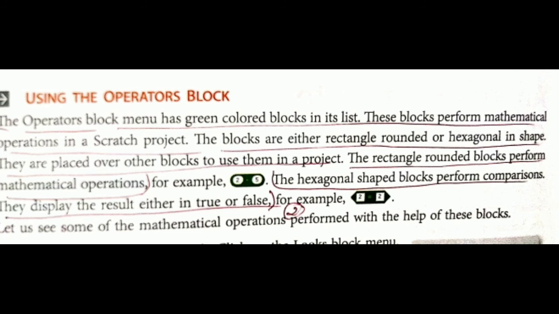A rectangular shaped block is used for performing mathematical operations, for example addition, subtraction, multiplication, division, etc. Hexagonal shaped blocks are used for performing comparison. For example, if you want to display the result as either true or false, in such cases we use hexagonal shaped blocks.